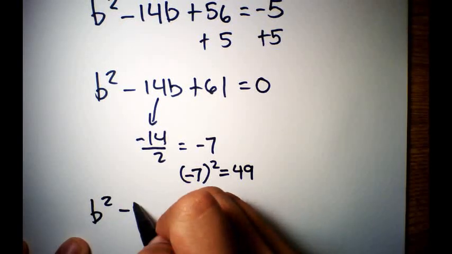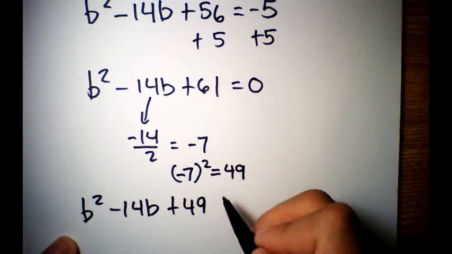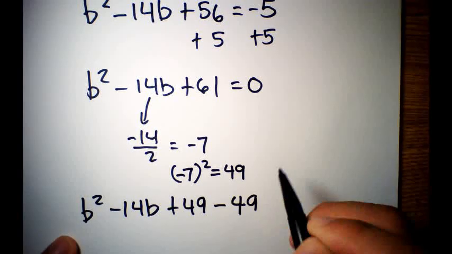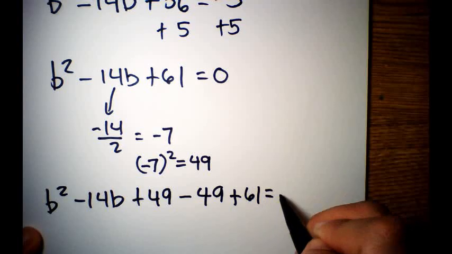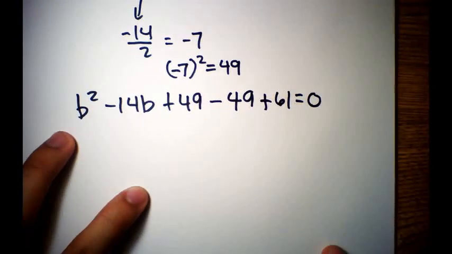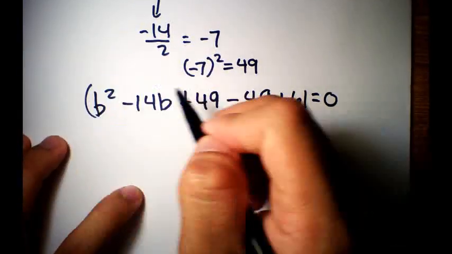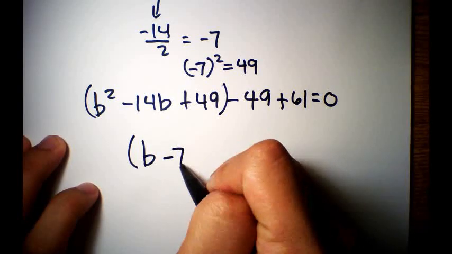B squared minus 14b plus 49. Don't forget to balance the equation by subtracting 49. And then we also have plus 61 is equal to 0. Alright, let's group these first three over here. When we factor it, this is going to be b minus 7 squared.